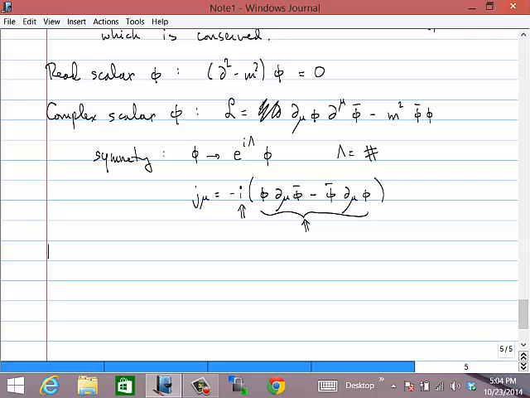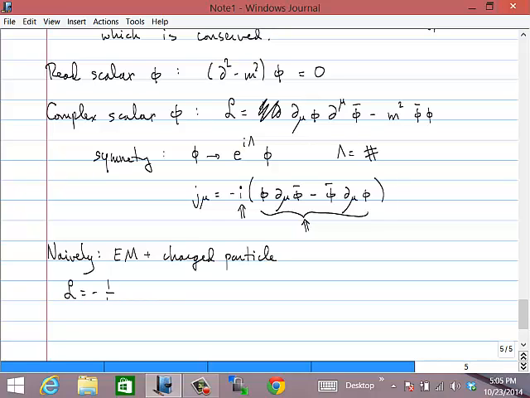And so naively, you might try and describe electromagnetism plus a charged particle by the following Lagrangian.